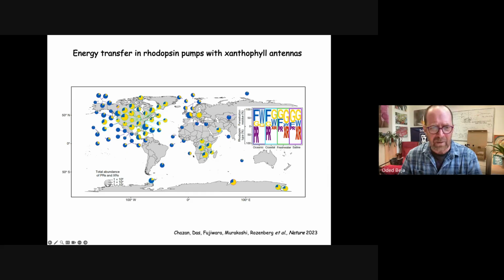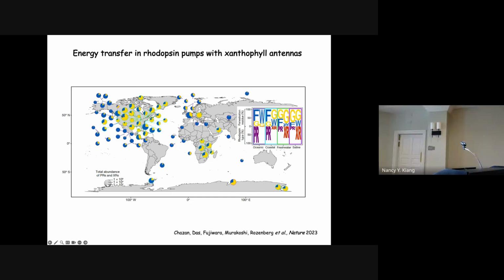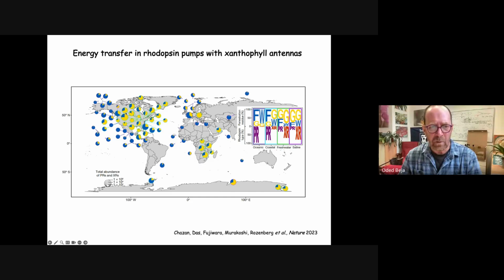If you look at the color code, a yellow light means rhodopsins that have the capability to bind antennas, and blue are those without. We can see that mostly in lakes, more than 50% have the capacity to bind antennas.